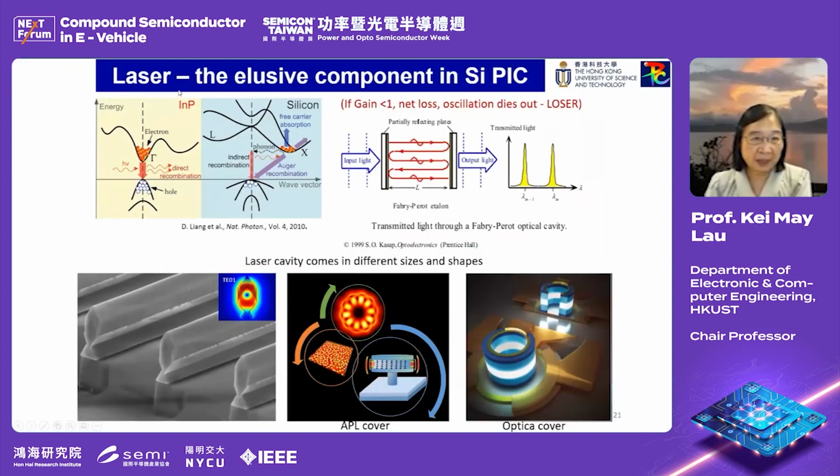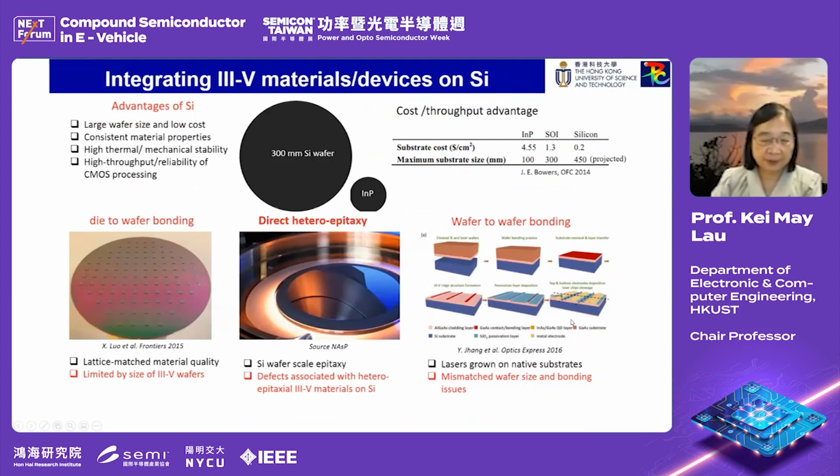Everybody knows that in silicon photonics integrated circuits, the laser is the elusive component, and people have been working on this for the past 10 years or so. And we have made laser arrays, microdisc lasers, and integrated ring lasers with photodetectors and so on. So I'm going to talk a little bit about the details of this technology.